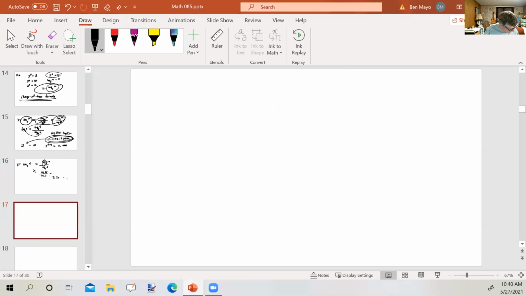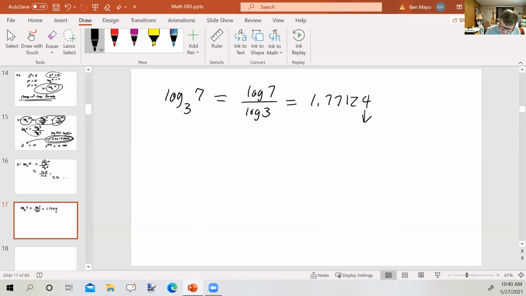Here we go. Log base 3 of 7. It says use the change of base formula to find each logarithm to 4 decimal places. So this would be the log of 7 over the log of 3, which is log of 7 divided by log of 3, approximately 1.77124, which would round down, so 1.7712.